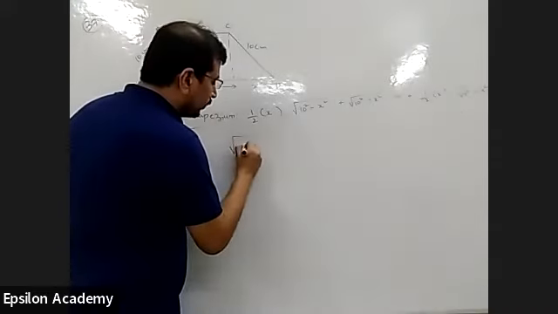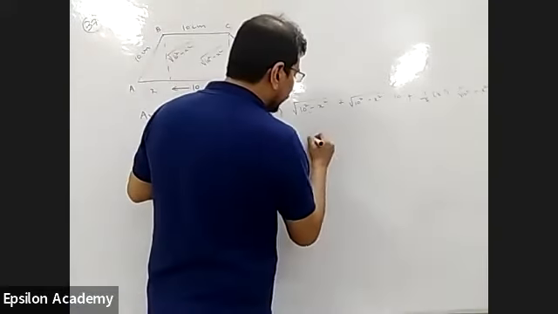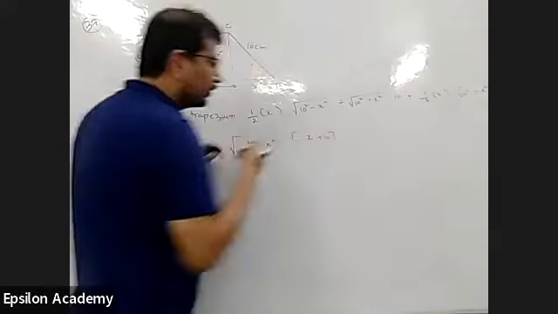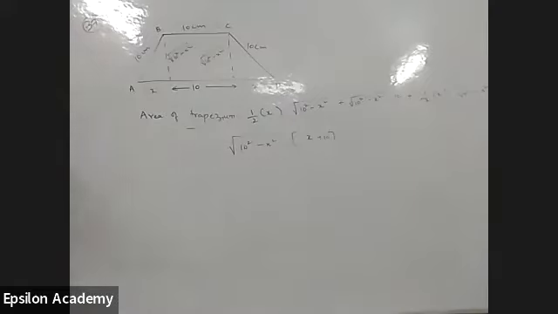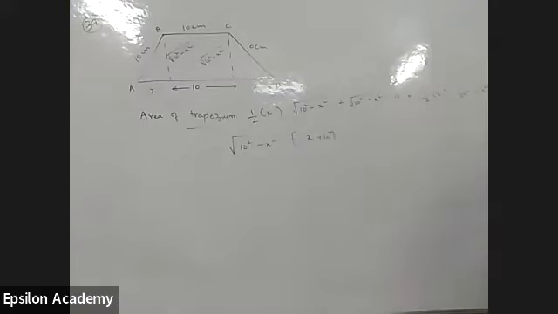So root of 10 square minus x square into x by 2 plus x by 2 is x plus 10. I think you can solve this and tell me what the value is. How did they put both as x? What happened?